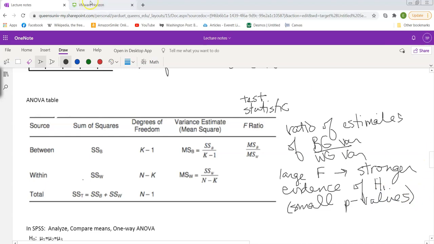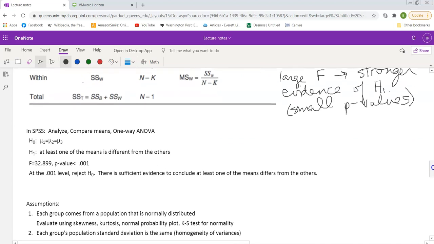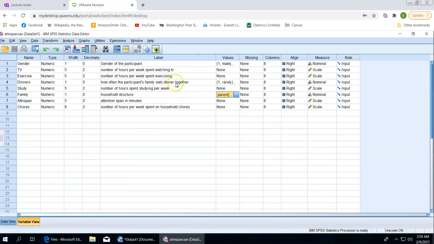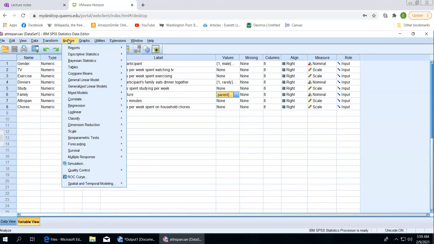All right, so let's go over to SPSS. And we've got our data set up already. To get to our ANOVA, the easiest way is to go to Analyze, Compare Means, One-Way ANOVA.